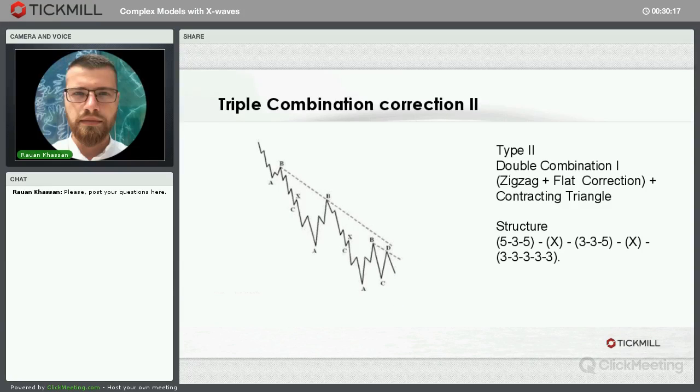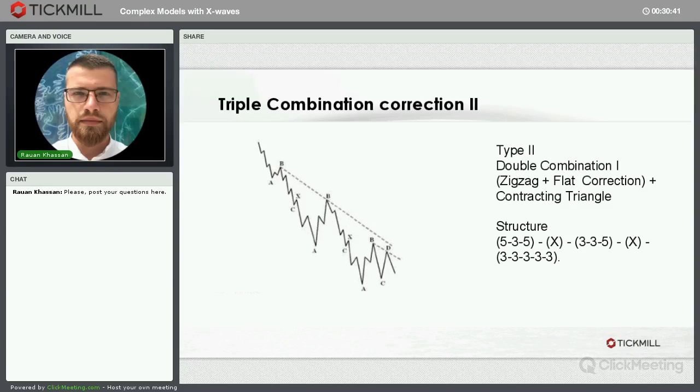Another type of triple combination unites the first type of double combination, that means zigzag and flat correction, which are followed by a contracting triangle again. So the concept is similar to the previous model.